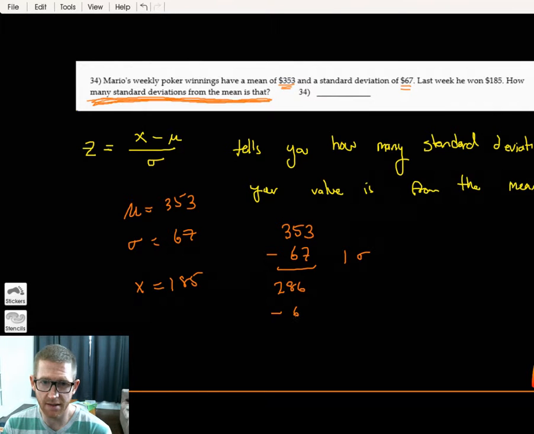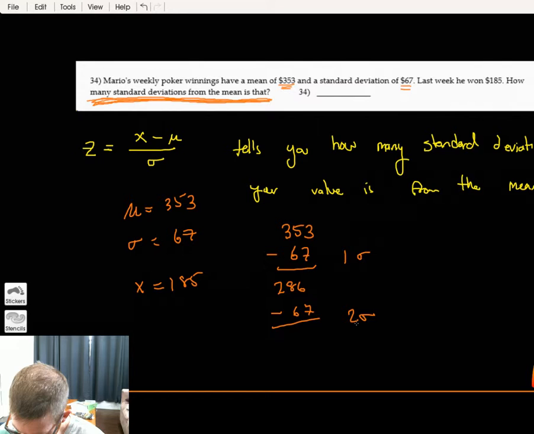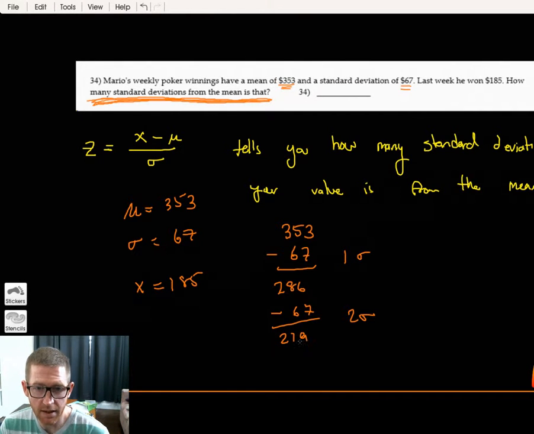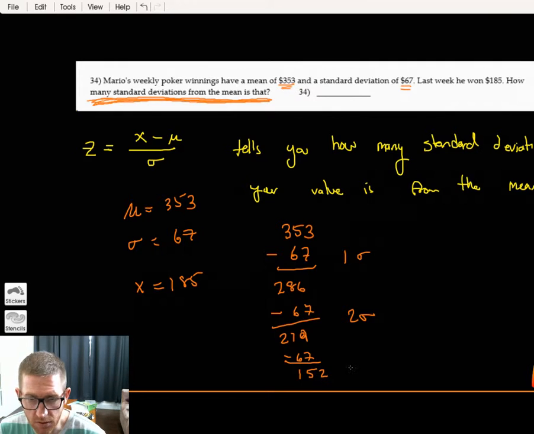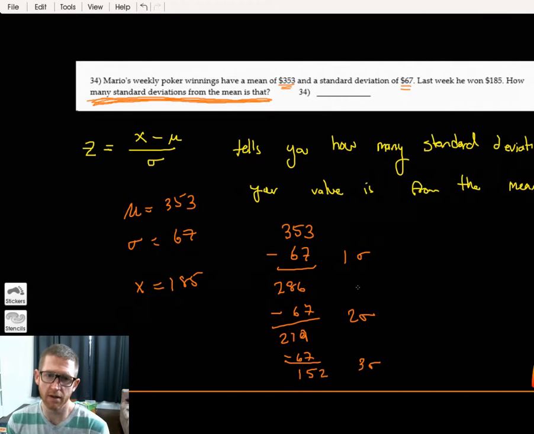And then if I subtract 67 again, that would be 2 standard deviations away. That's 219. And now I'm between 219 and I got to get to 185. I'm still not there. If I subtract 67 again, you get 152, and that's 3 standard deviations away.